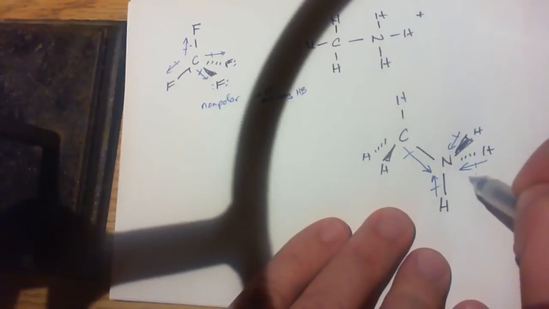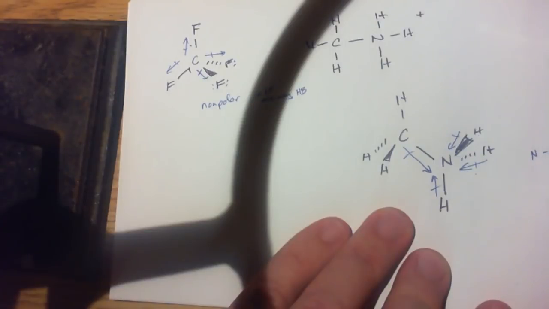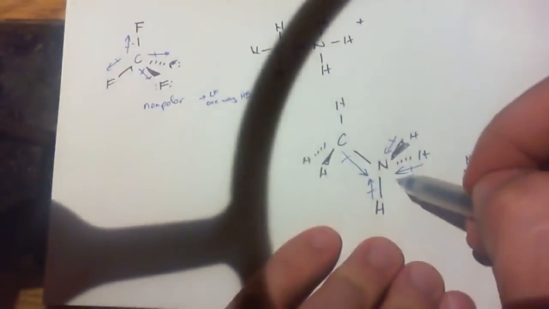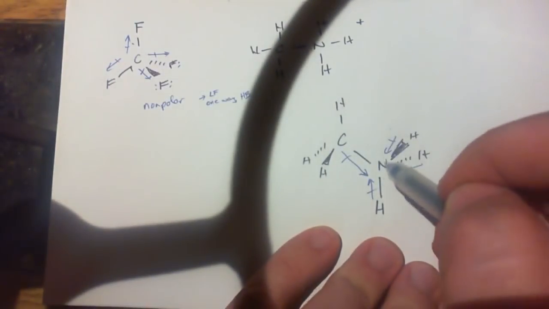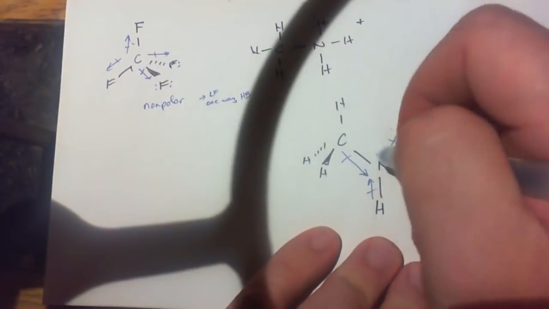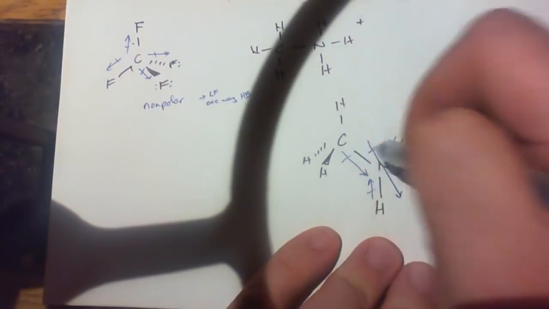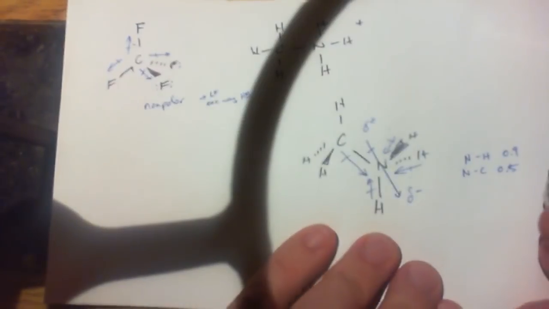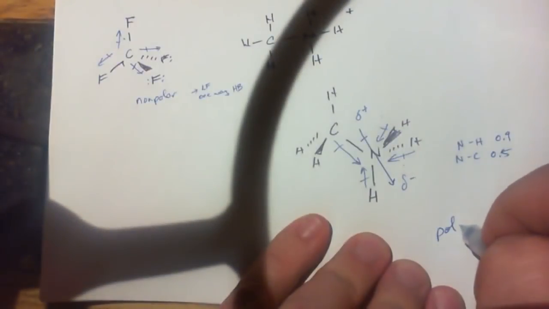The electronegativity difference between nitrogen and hydrogen is 0.9. Difference between nitrogen and carbon is 0.5. Since they're of different magnitudes, they don't cancel out. So I have a net polarity. It might go something like this, maybe. And so because this molecule has a slightly negative and a slightly positive end, it'll dissolve in a polar solvent.